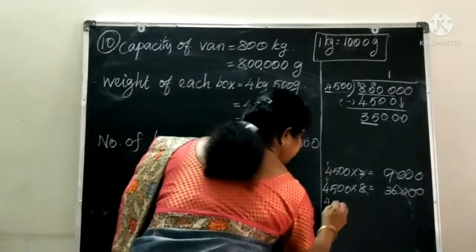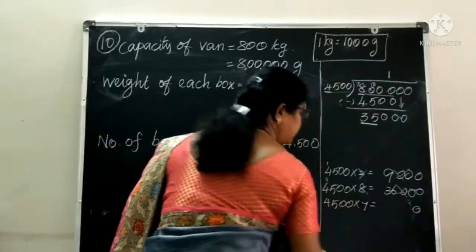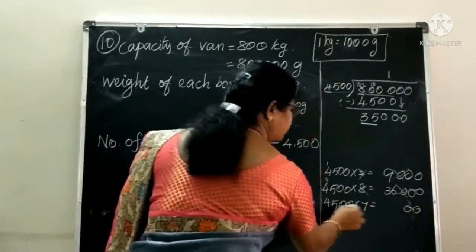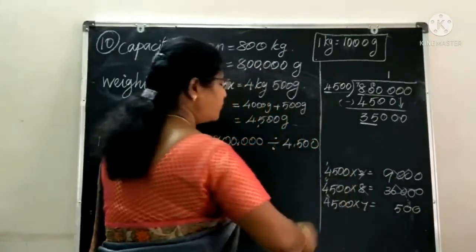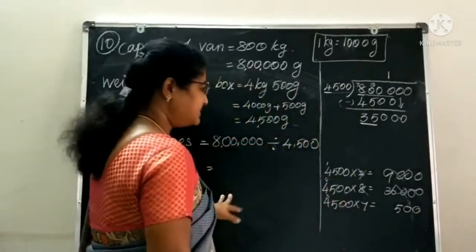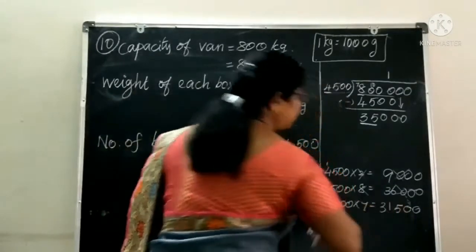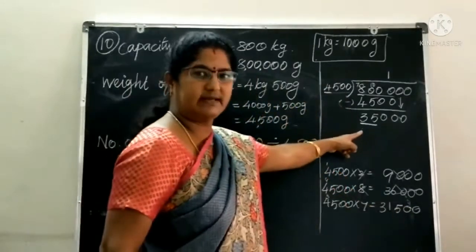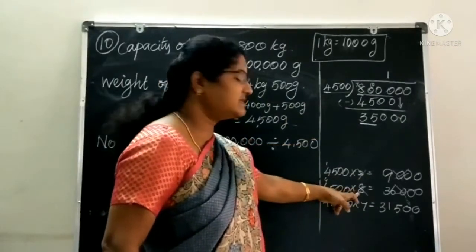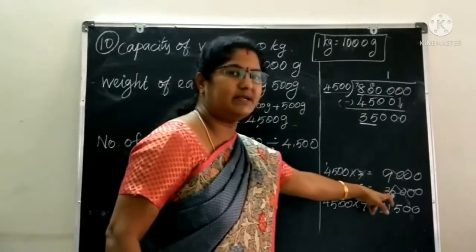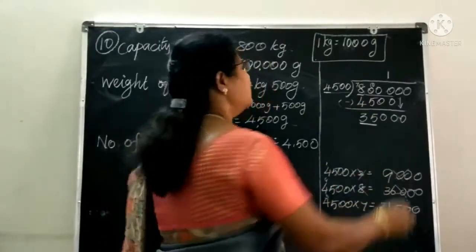We will try 7 times. 0 7s are 0, 0 7s are 0, 5 7s are 35, balance 3, 4 7s are 28, plus 3, 31. 31,500. It is applicable. The next number is 8, and when you multiply by 8, it is bigger. So not possible. So 7 times is correct.